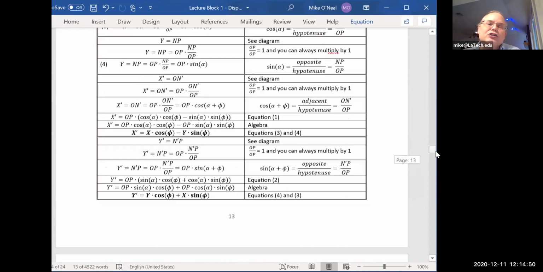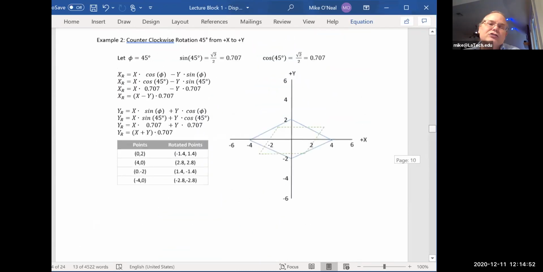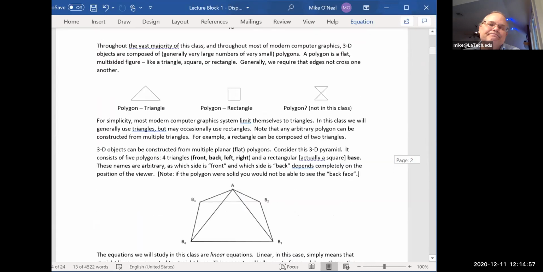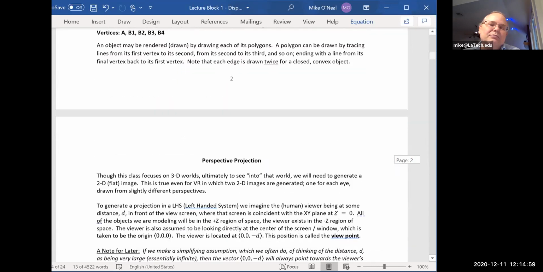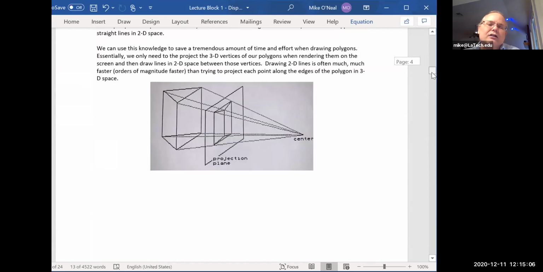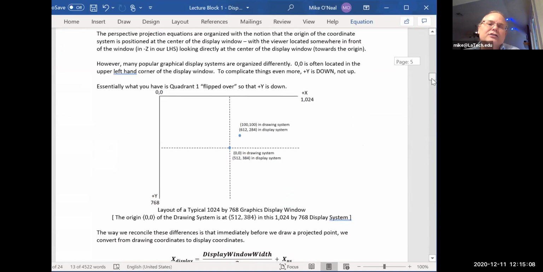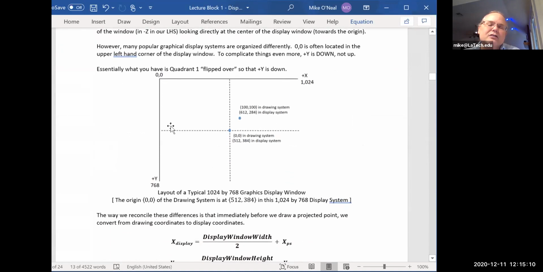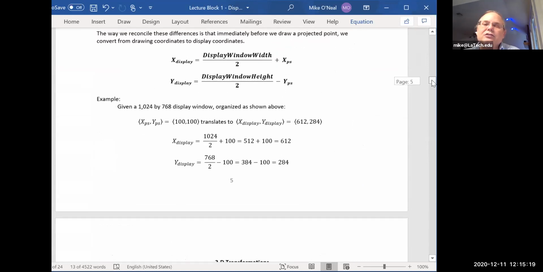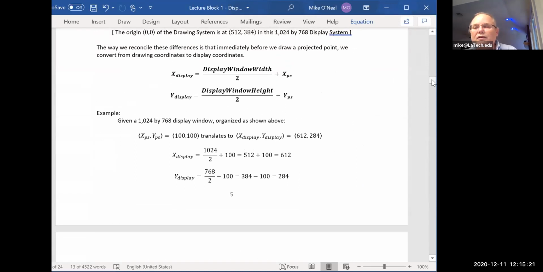So those equations, plus the equations for perspective projection, plus the equations for converting to display coordinates, these two equations. That's really all you need to do assignment 1.